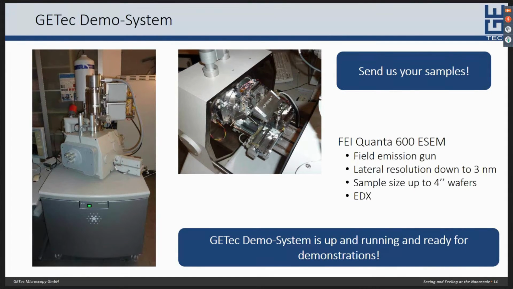If you'd like to know if the AFSEM is perfect for the characterization of your samples, please feel free to contact us and send us your samples, and we're happy to perform live demonstrations together with you on your sample directly here in Vienna, or also if you're living further away, online via the internet.